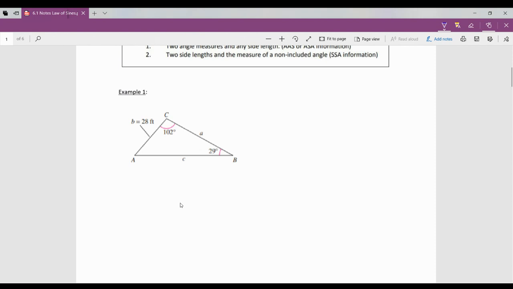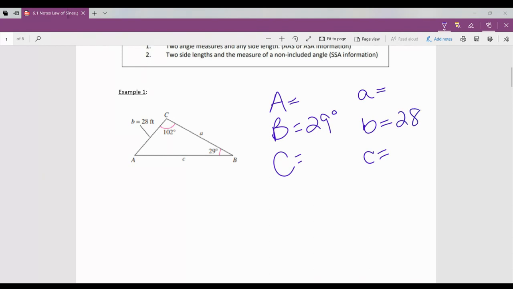In the triangle, I have angle A, angle B, angle C, and then I also have side A, side B, and side C. The things I'm given are angle B is 29 degrees, side B is 28 feet, and angle C is 102 degrees. The other ones are all unknown.